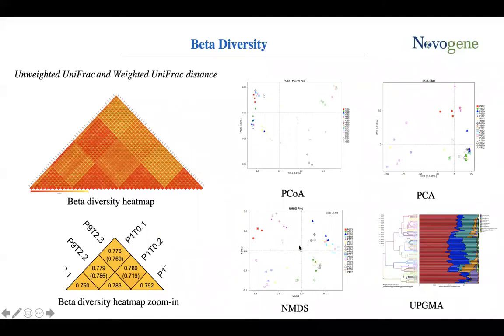So each data point in this NMDS graph stands for a sample. The distance between these data points reflects the extent of variation. The samples belonging to the same group are in the same color, as we can see here. And when the value of the stress factor, which is this value on the upper right side, is less than 0.2, it is considered that this NMDS plot is reliable.